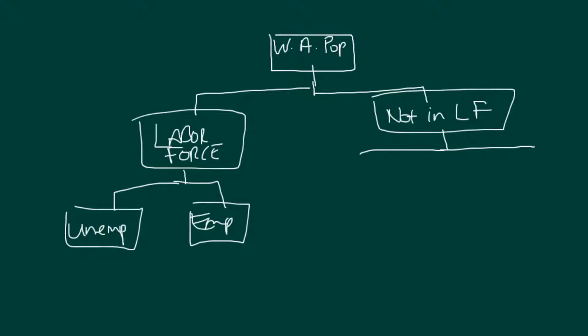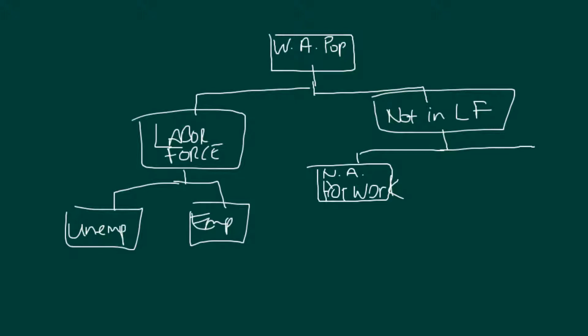So if the answer to that question is no, I'm not looking for a job at all, then the category you're going to be in is not available for work. Okay, so when we think back to the question they're asking, have you worked for pay in the last hour, have you worked for pay for at least an hour over the last 4 weeks?